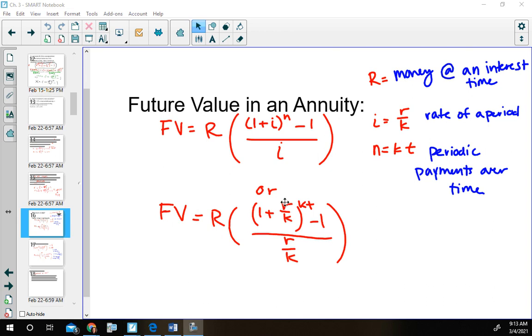So 1 plus the rate divided by the periodic time, to the periodic time times the actual time, how many years, minus 1, all over the rate and that periodic time again. That 1 plus means we're trying to gain money, whereas when I show you the loan formula, it's going to be 1 minus, because gaining money, we should be getting bigger.